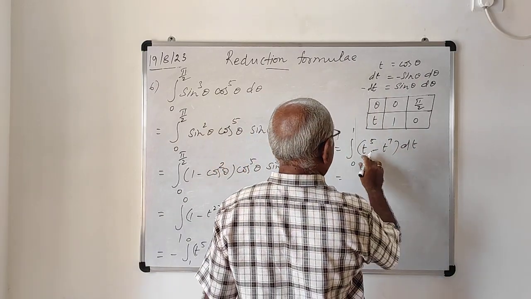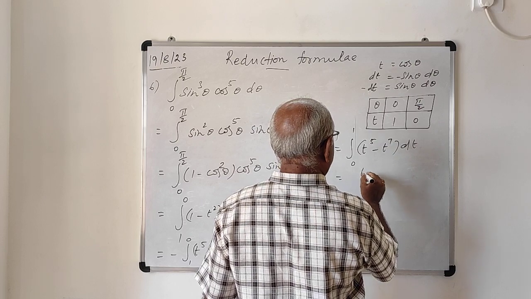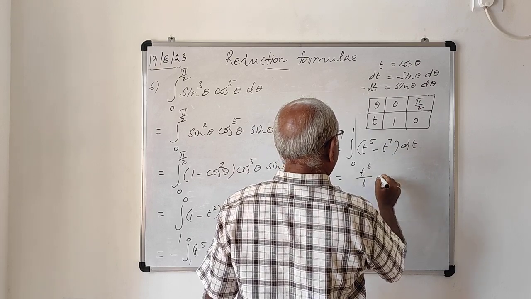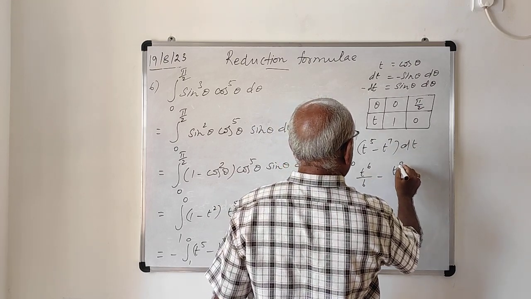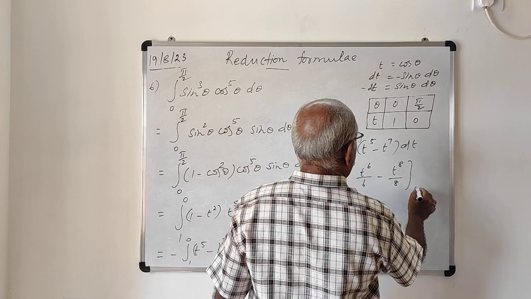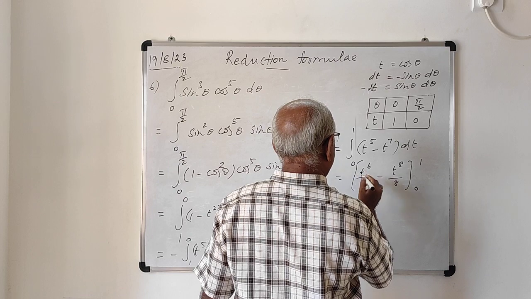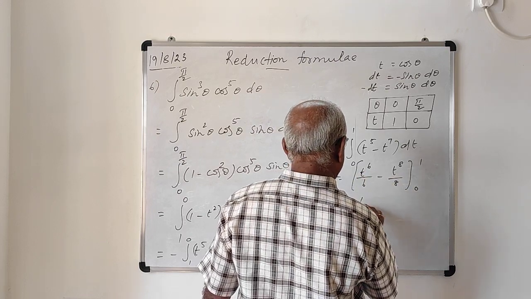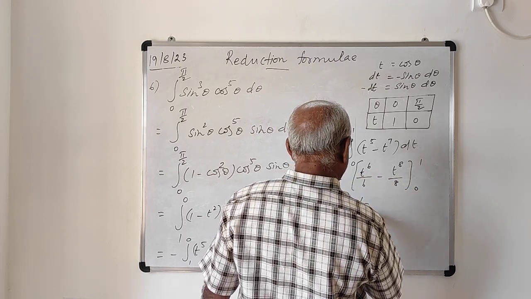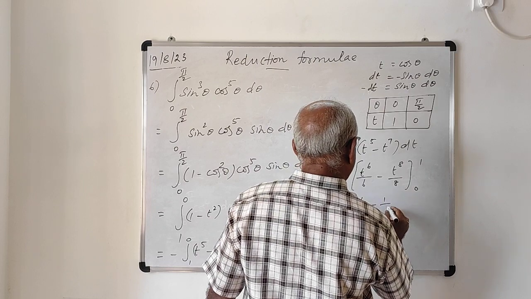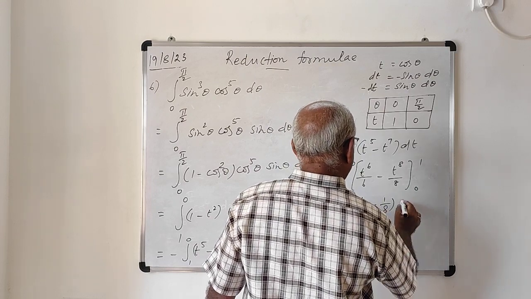Now, as usual simple integration, this is t power 6 by 6 minus t power 8 by 8 from 0 to 1. First the upper limit will get applied: 1 power 6, 1 by 6, minus 1 power 8, 1 by 8, minus the lower limit.